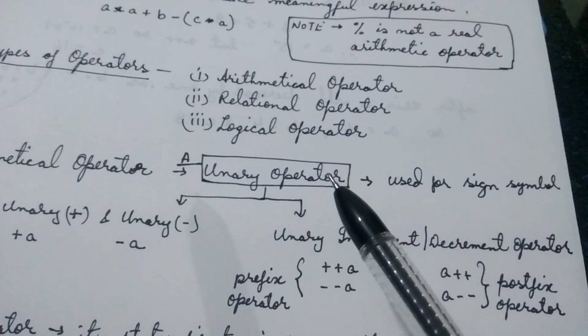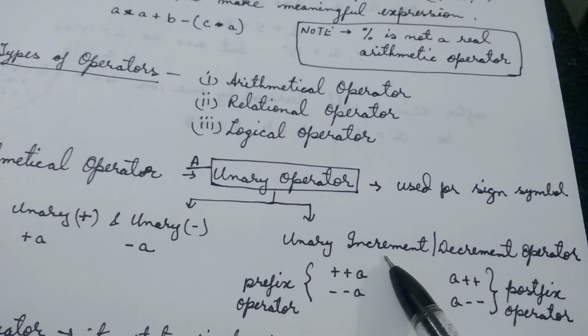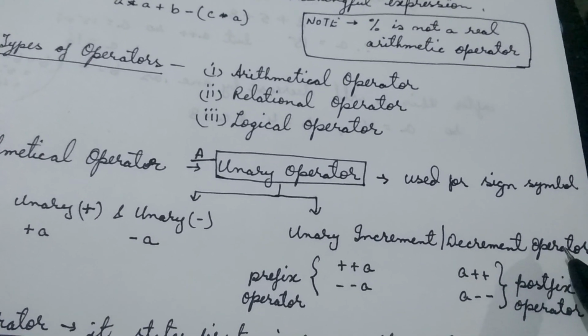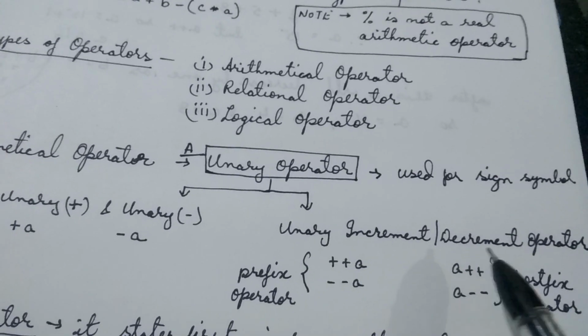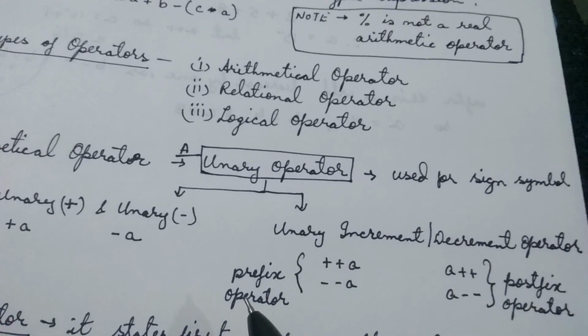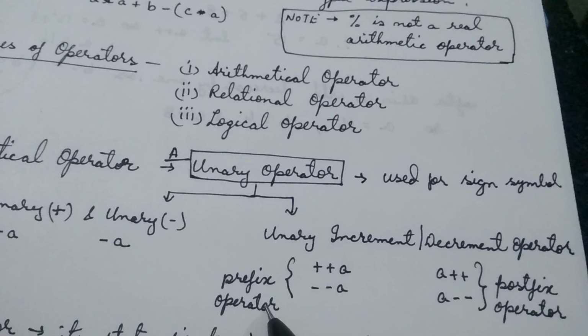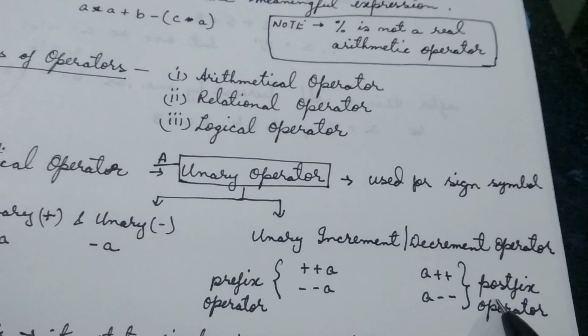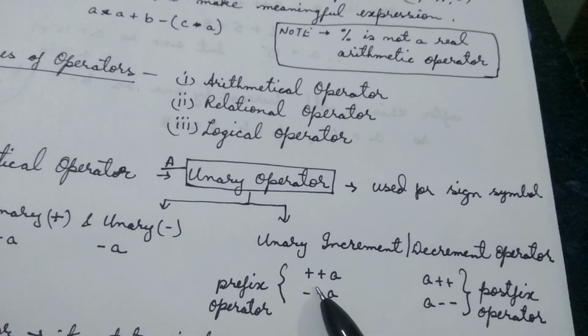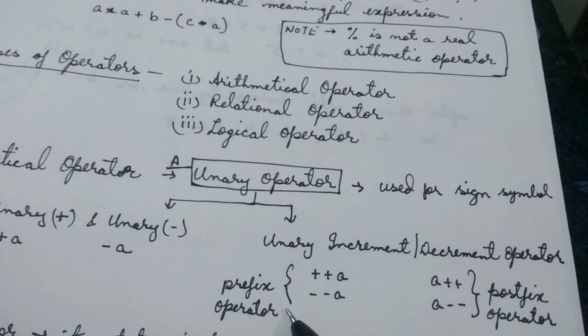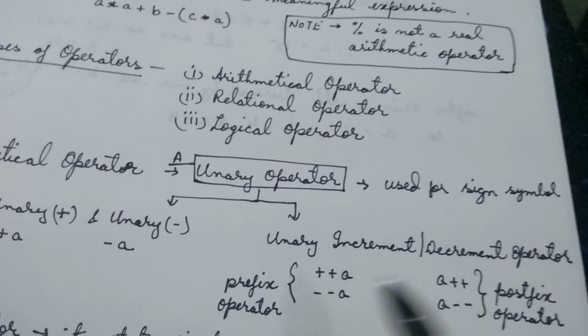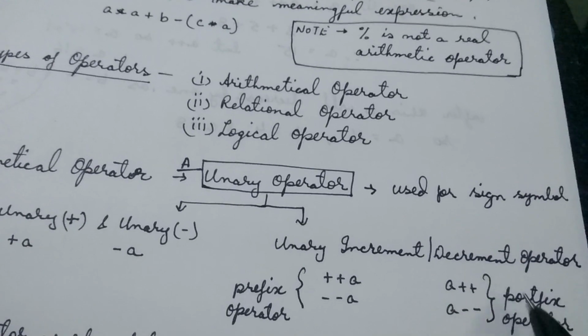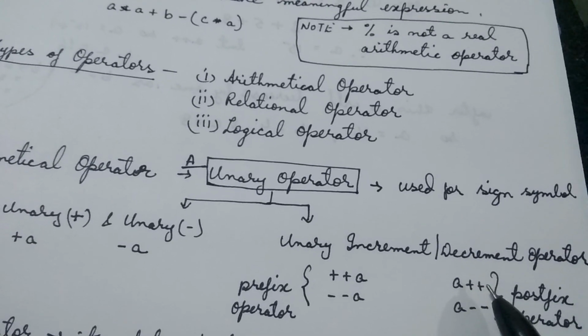The next type of unary operator is the unary increment and decrement operator. Now the unary increment and decrement operators are of two types, prefix operator and postfix operator. Prefix means they are used before the operand, and postfix means they are used after the operand.